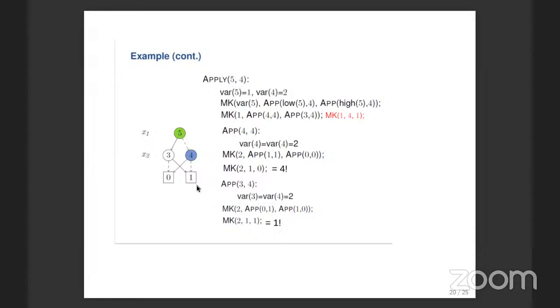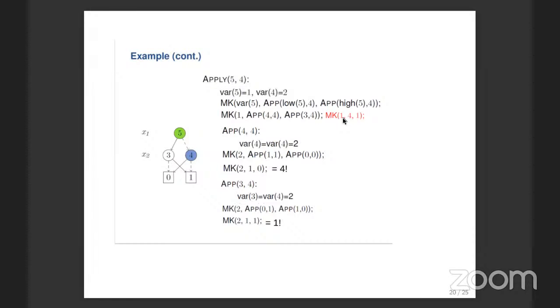Okay. So 1 is also already there. So that's the BDD corresponding to 1. And that's why this whole thing here in red, the original make function, gets simplified to make 1, 4, 1. And that's a new node that has not been constructed.